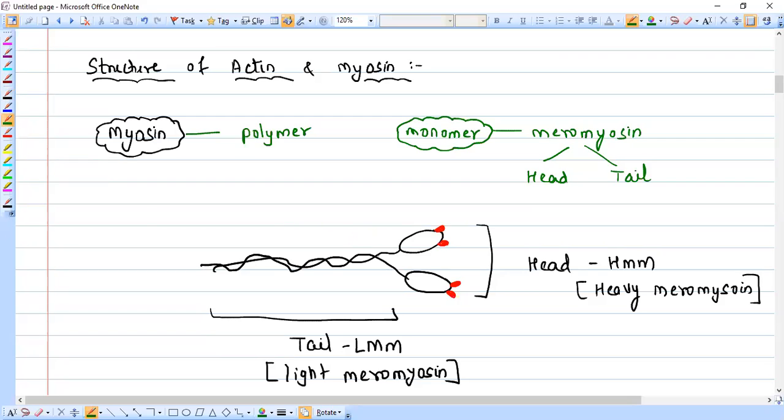One is called the actin binding site, and the other one is the ATP binding site. So there are two binding sites present on the meromyosin, the actin binding site and the ATP binding site.